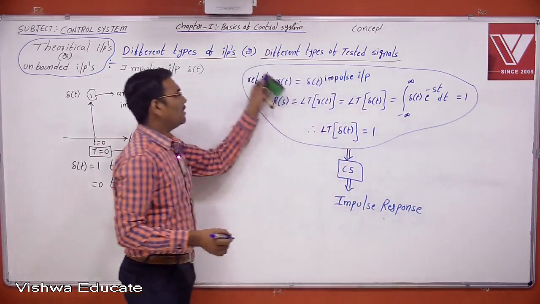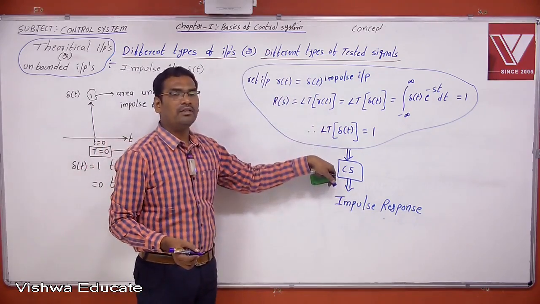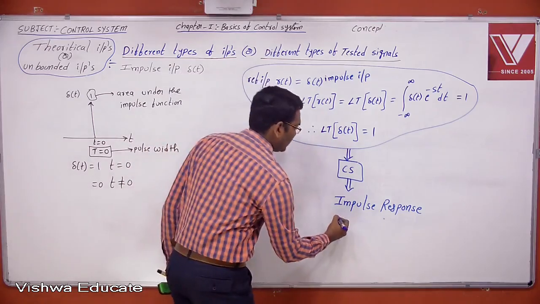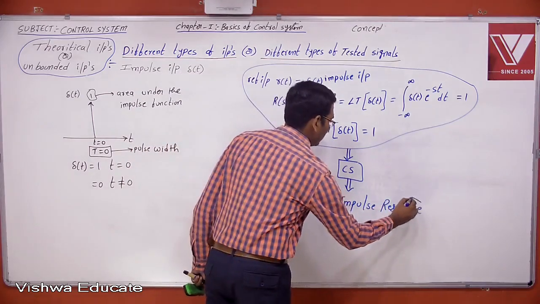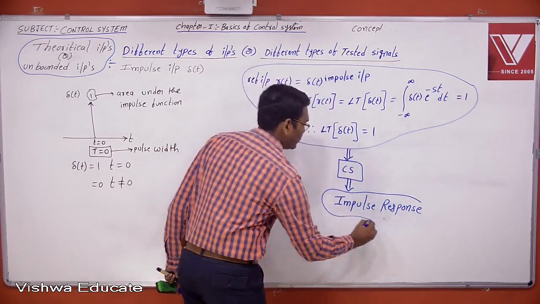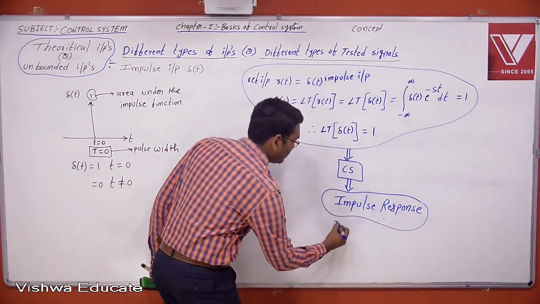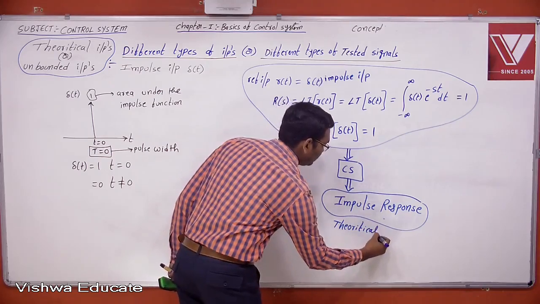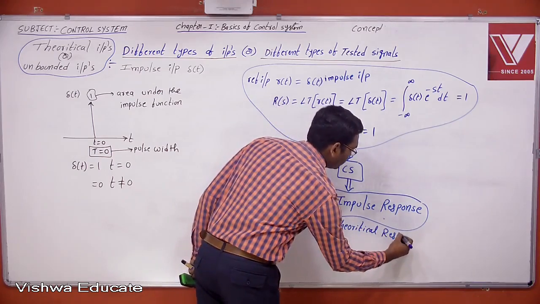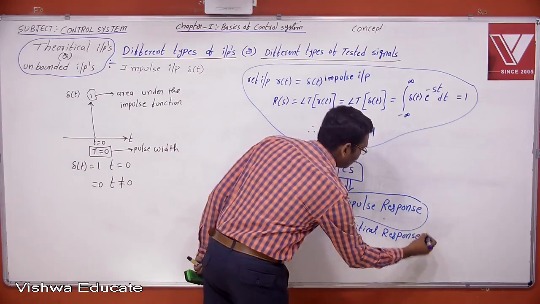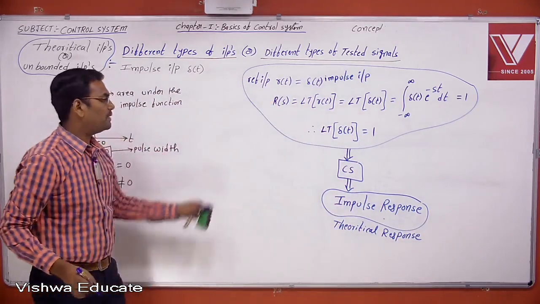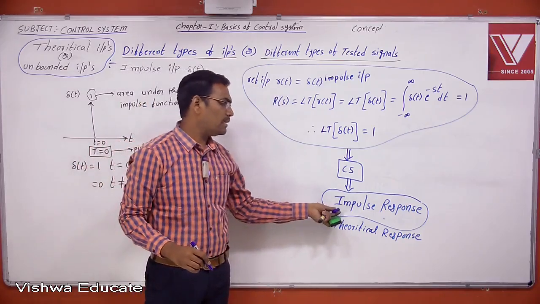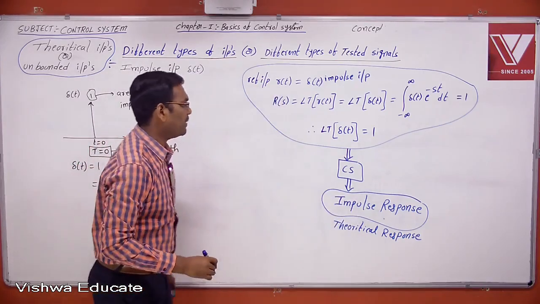This is the impulse input which we give to a control system, and that is nothing but the impulse response. This is a theoretical response. For theoretical calculations, this is the best input, and the best response is the impulse response.